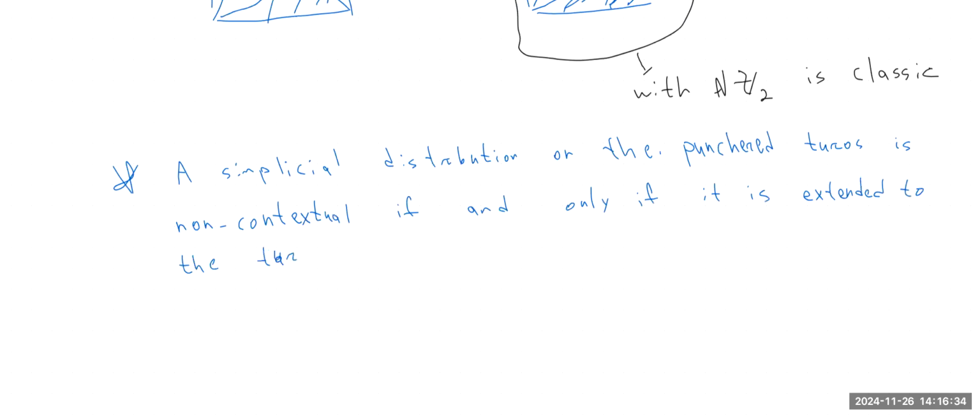Okay, here we mean again, we mean when the outcome space is a nerve of Z2. Okay, it's important.